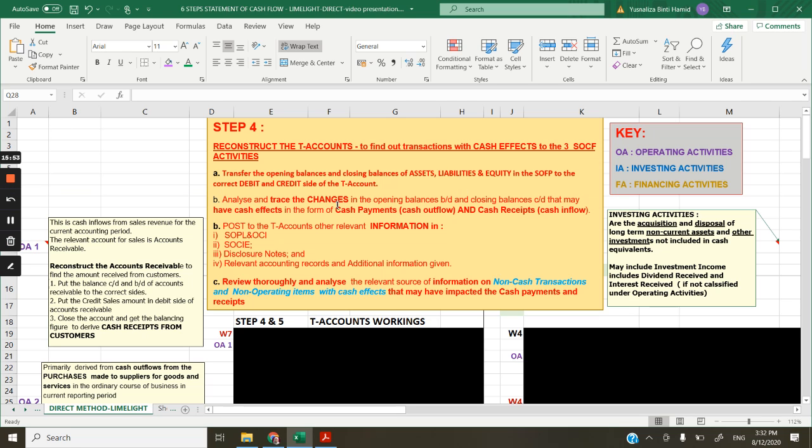Right, and then you need to trace whether those changes in those balances have any cash effect, in the form of any cash payments that may have been generated or used during the year, or any cash receipts. How much is the total cash receipts throughout the year coming from those different T accounts that you have opened up?